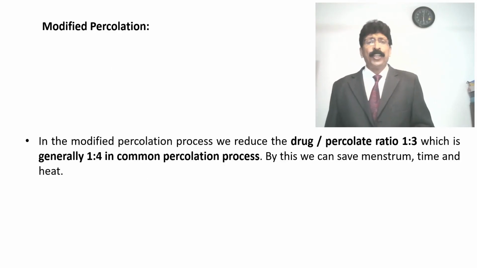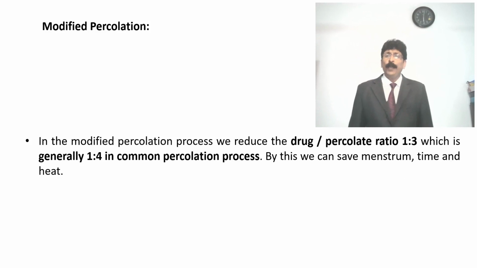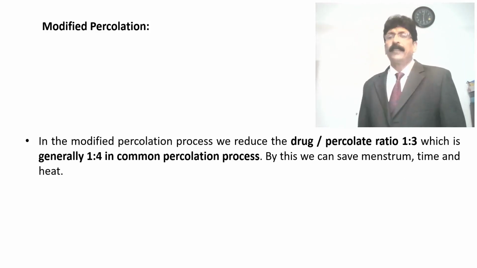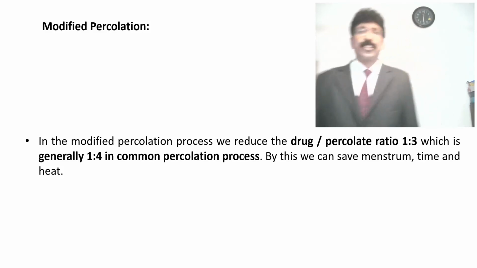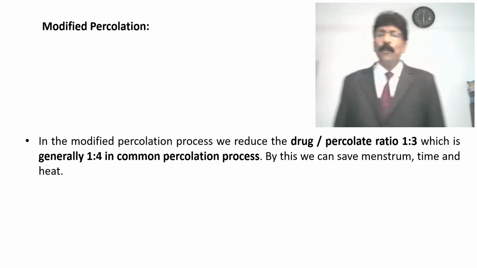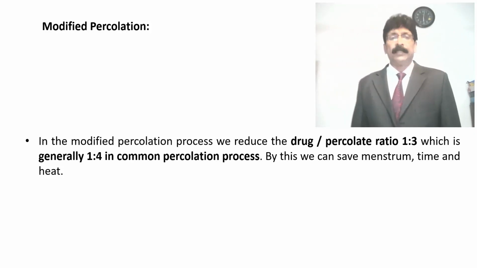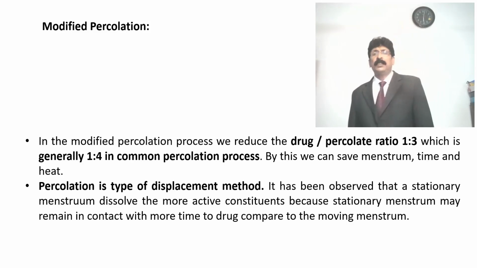Modified percolation. In the modified percolation process, we reduce the drug to percolate ratio to 1:3, which is generally 1:4 in the common percolation process. By this, we can save menstruum, time and heating. Percolation is a type of displacement method.